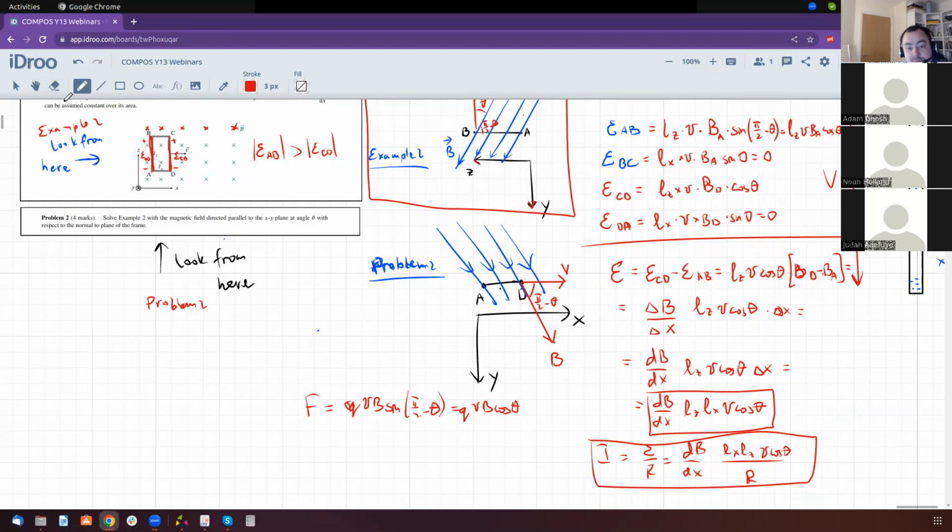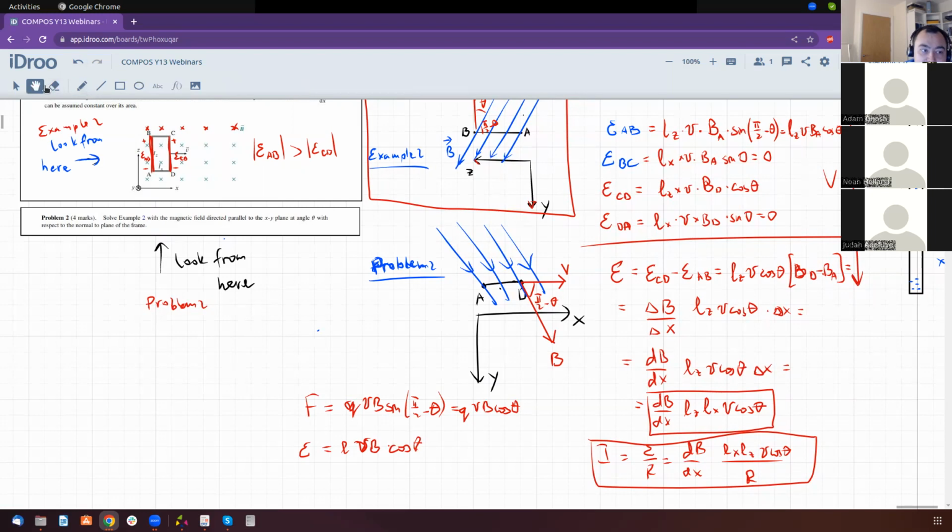And the EMF induced is going to be QLVB cos theta.